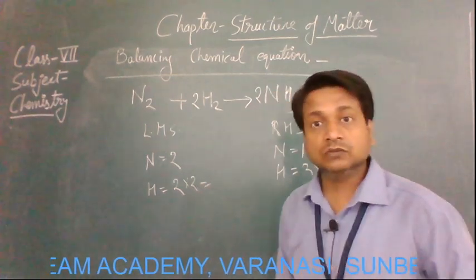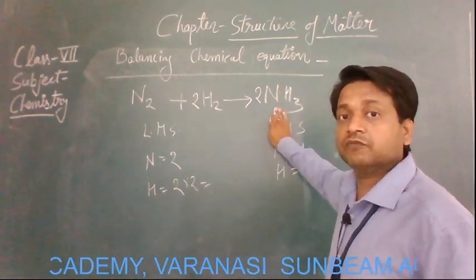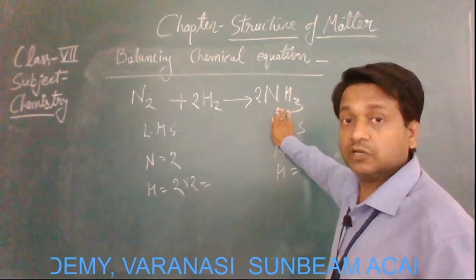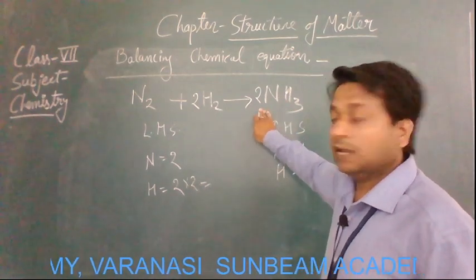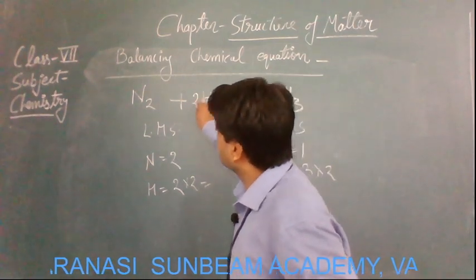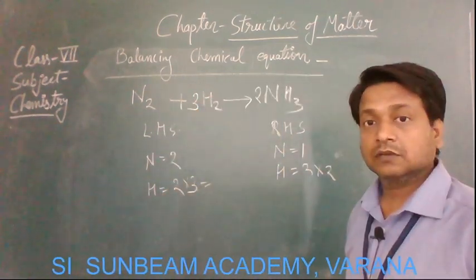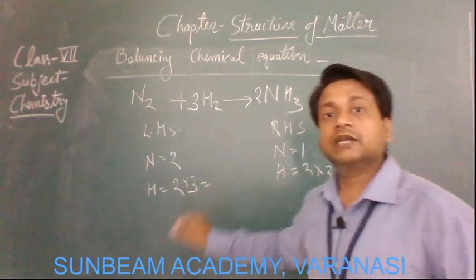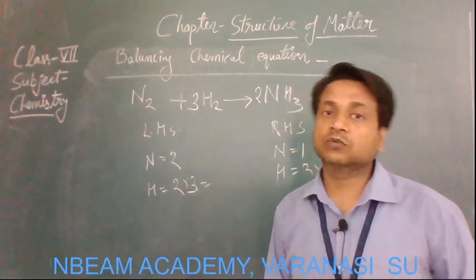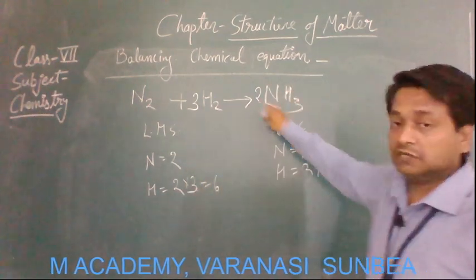So what can we do? We will write that the number of molecules of ammonia is 2 and the number of molecules of hydrogen will be 3. Now the number of atoms of hydrogen is equal on both sides. 3 times 2 is 6 and 3 times 2 is 6.